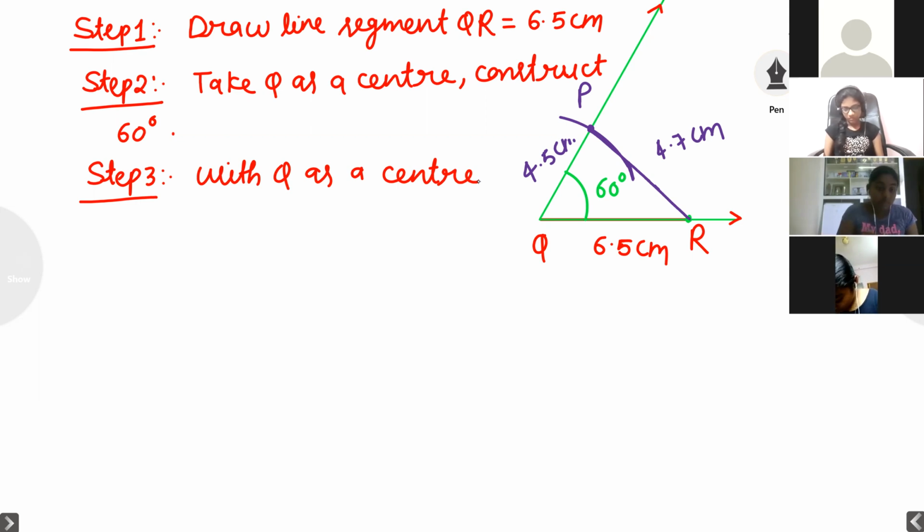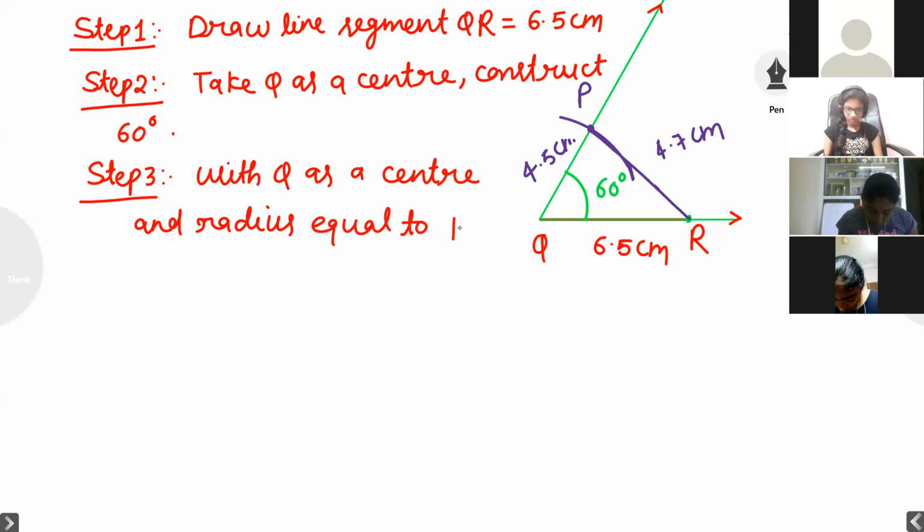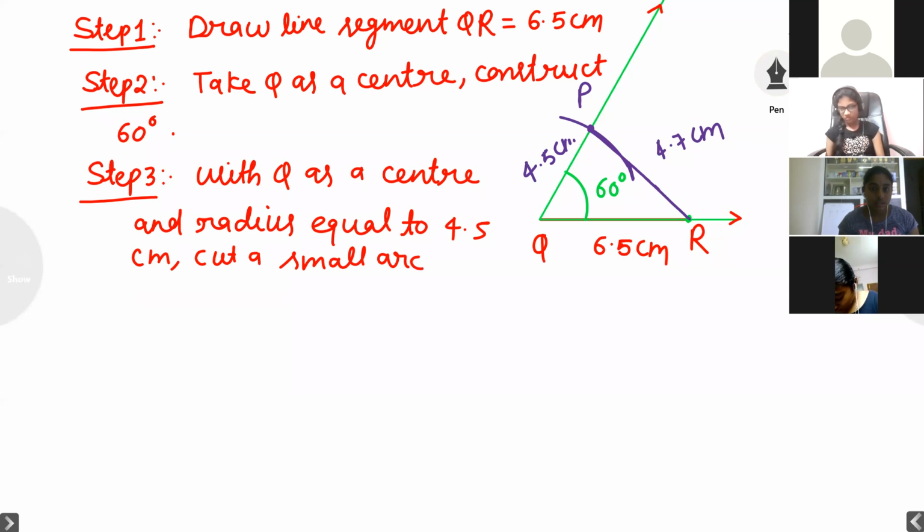With Q as a center and radius equal to 4.5 centimeter, cut a small arc to meet QX at P.